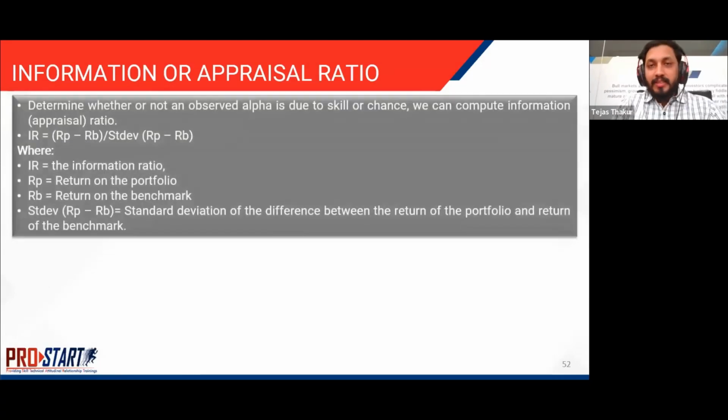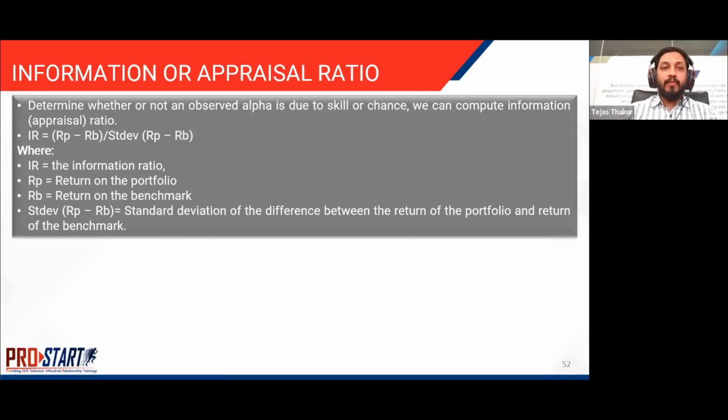Information ratio is one of the very standard tools that are used to determine how well the fund manager has been performing. So somewhere it tells you how good the fund manager is. It determines whether or not an observed alpha is due to skill or chance.